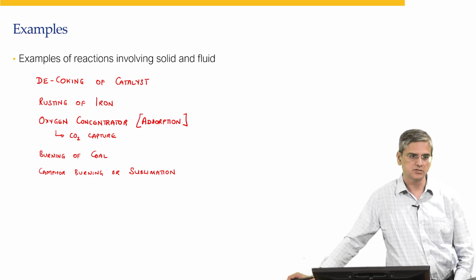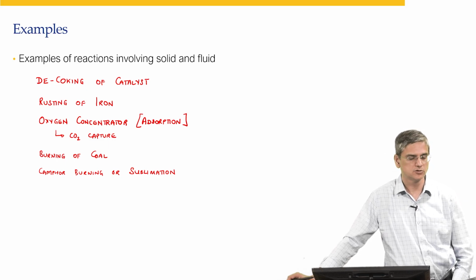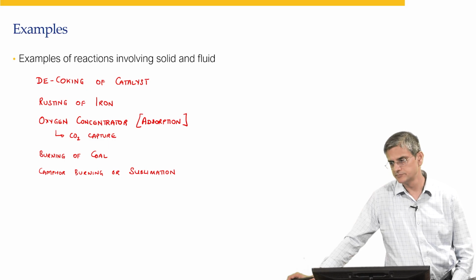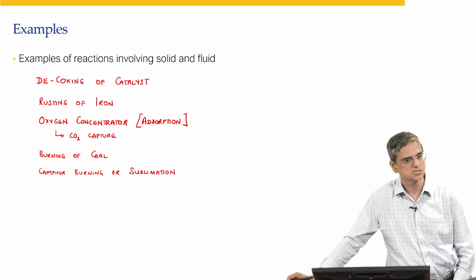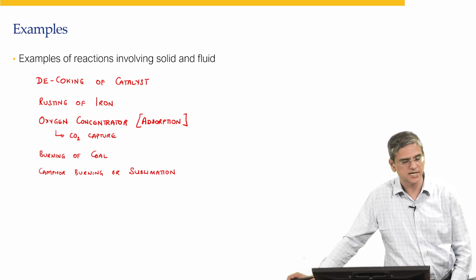If it is sublimation, camphor solid leads to camphor gas. Strictly speaking, the latter or the oxygen concentrator might be a physical process, but the analysis is done exactly the way we do CRE type of reactions.